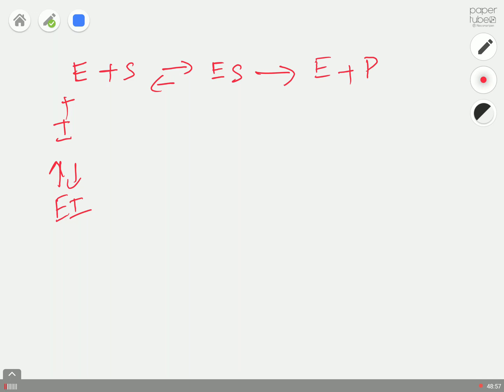So if you look here, the rate of the reaction depends not only on your substrate concentration, it also depends on your inhibitor concentration, and also on how strongly the substrate binds to your enzyme and how strongly this inhibitor binds to your enzyme.